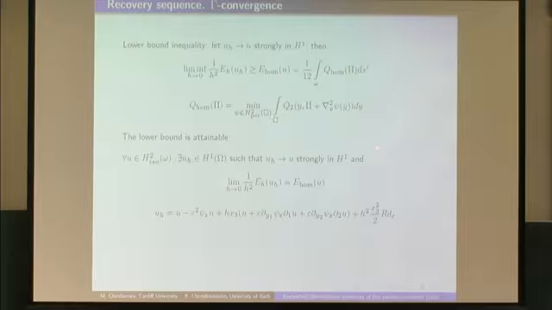So in our case, it's somewhat similar. We want to construct a recovery sequence such that it converges. So we take some isometric two-dimensional surface. We want to construct a sequence of deformations which converge to u strongly in each one.